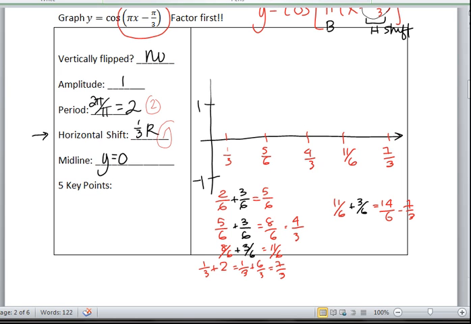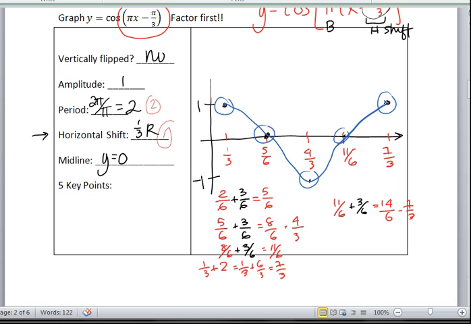Because all we do now is we put out our dots to make a cosine wave. And cosine starts high and ends high. So we start at the top, go through the middle, down to the minimum, back up to the middle, and then back up to the top. And that helps us to get our 5 key points. I didn't actually draw this. Let me draw it in. Here is my cosine wave.